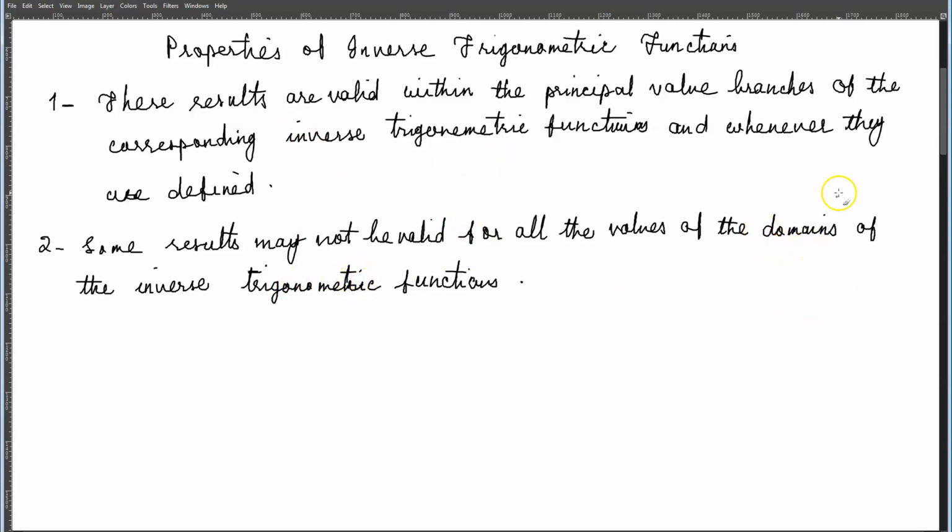Now, one thing that in the beginning we need to note is that if you say that y is equal to sine inverse of x, then x is equal to sine y.